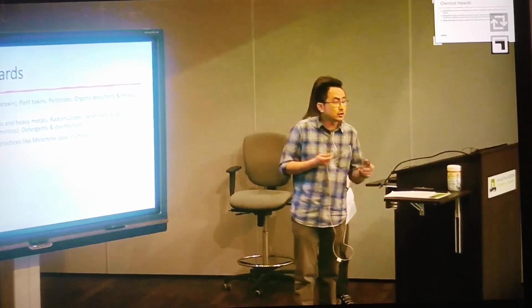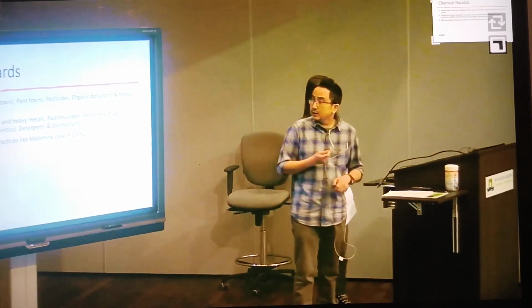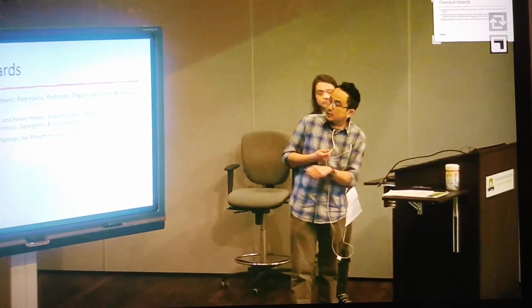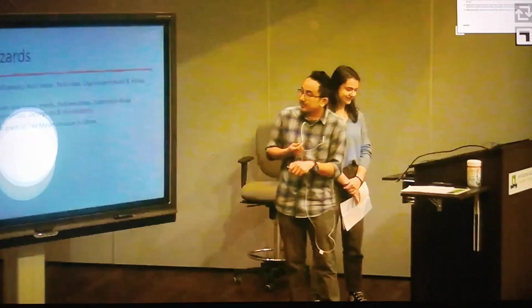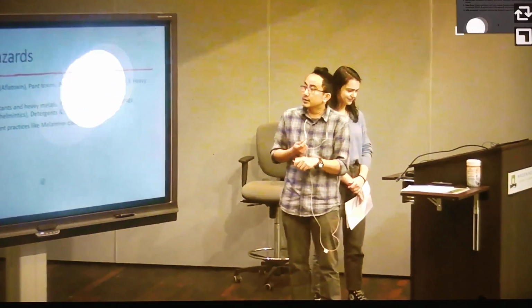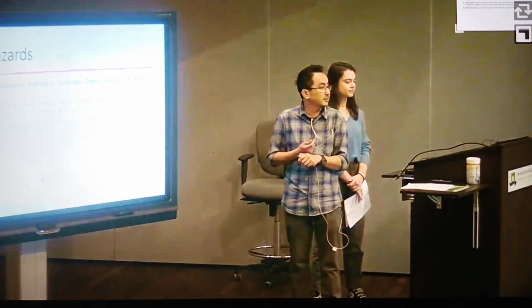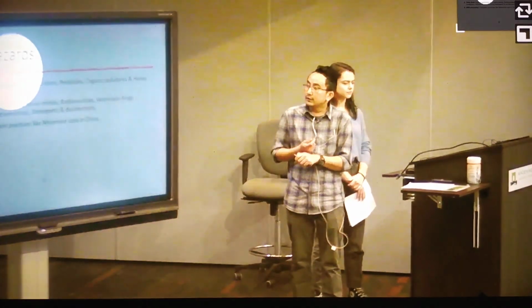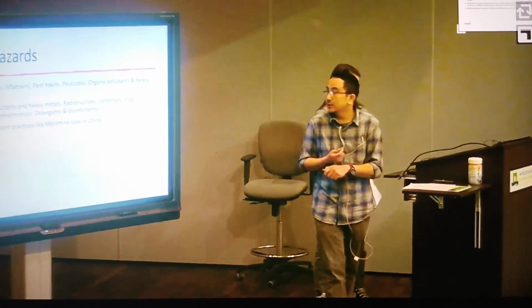And from those mycotoxins, aflatoxin is the most prominent one found in the milk. Next are plant toxins, pesticides, organic pollutants, and heavy metals. So from here, our topic for the presentation is on aflatoxins in the animal feeds. We'll discuss more on that further.